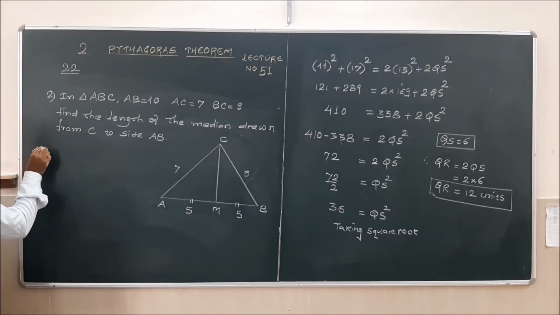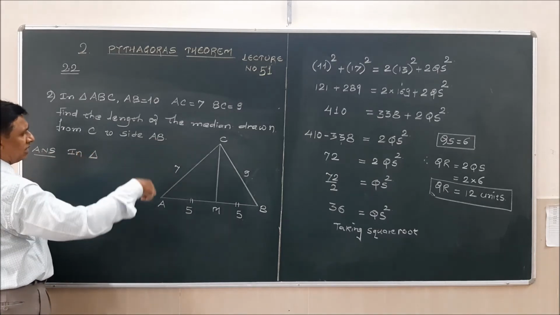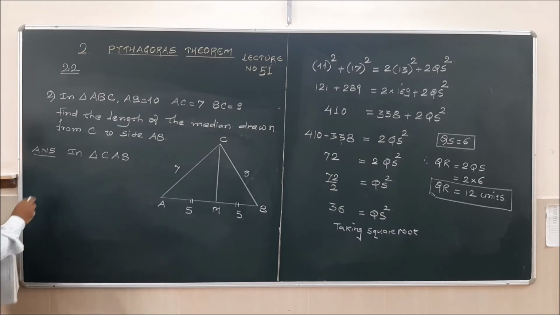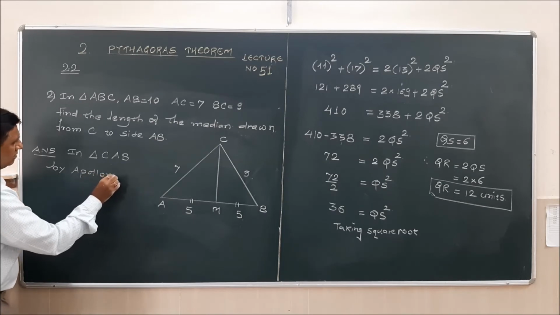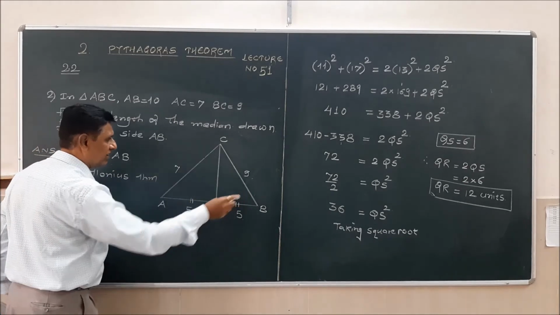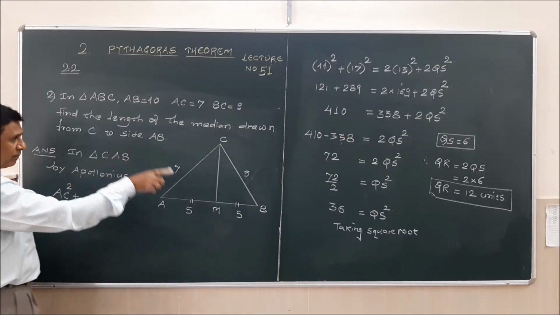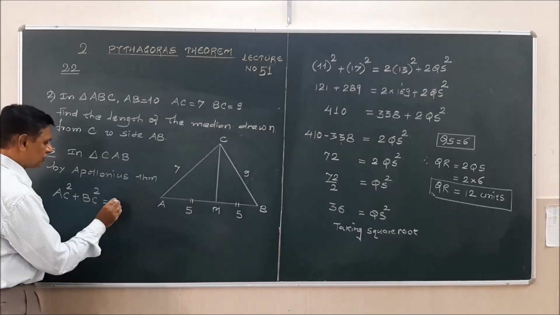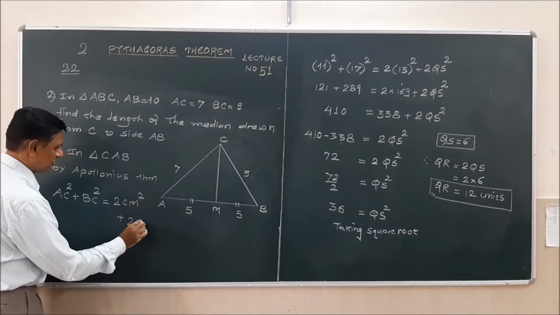So in triangle CAB, by Apollonius theorem, the median is drawn on AB, therefore AC squared plus BC squared is equal to twice CM squared plus twice AM squared.